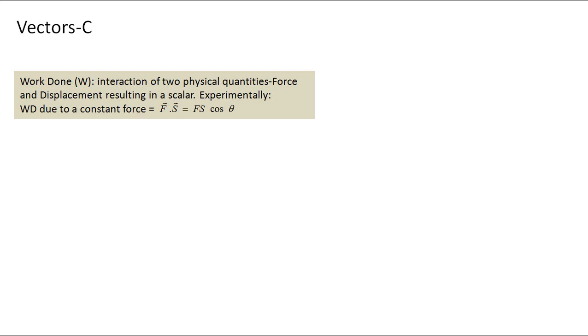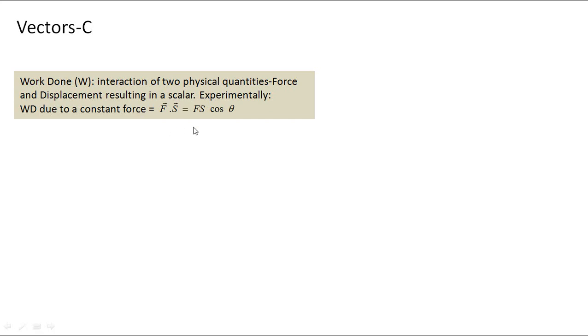Experimentally it has been found that work done due to a constant force is equal to the dot product of force and displacement. So I can write work done as force vector dot displacement vector, or equal to Fs cos theta: magnitude of force into magnitude of displacement into cos of the angle between them.